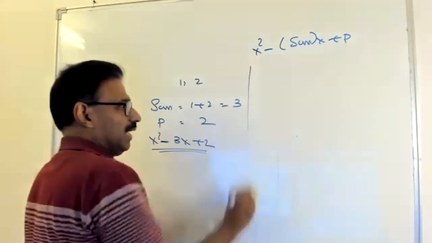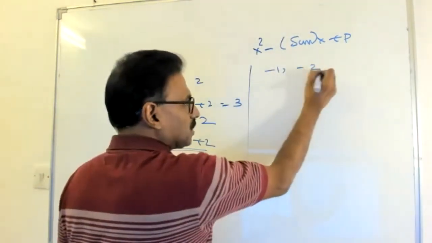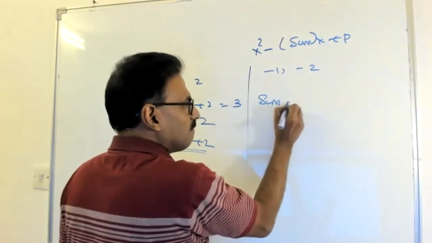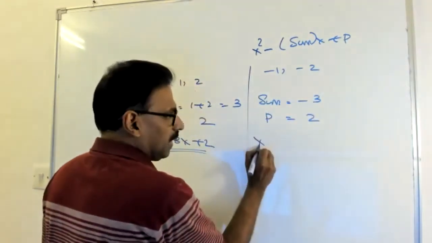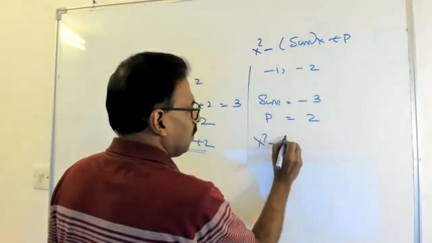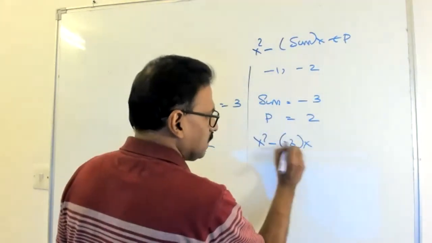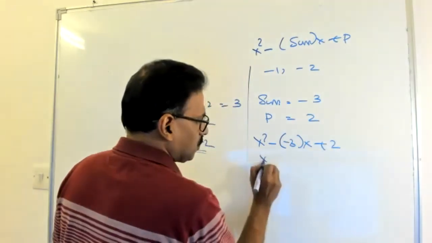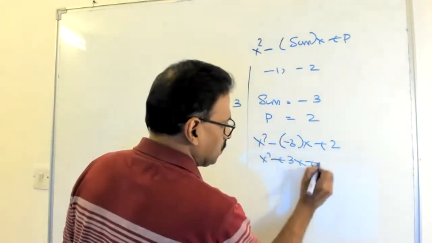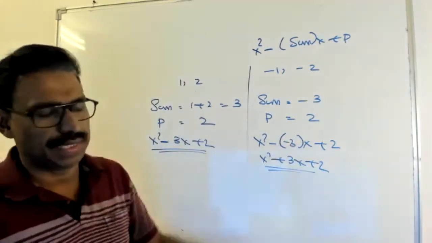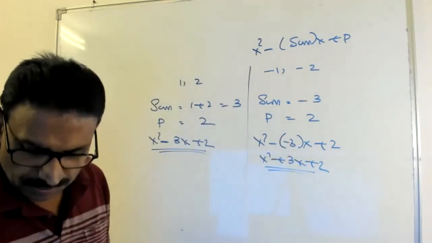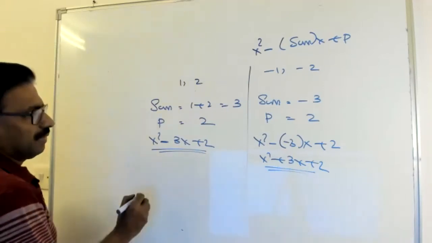Now again, minus 1 and minus 2. Sum is minus 3, product is 2. Polynomial: x square minus of minus 3 into x plus 2, so x square plus 3x plus 2. Clear or not? Minus or minus, agree or not? Yes, sir. Okay.